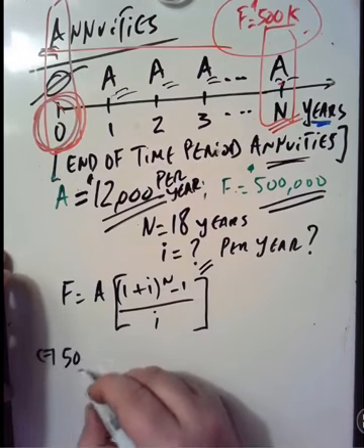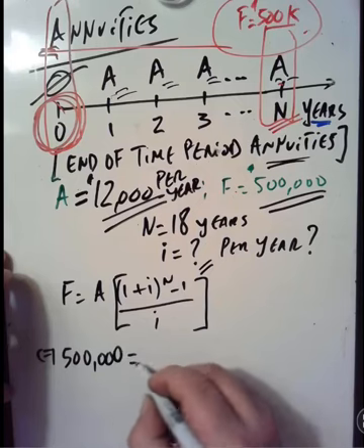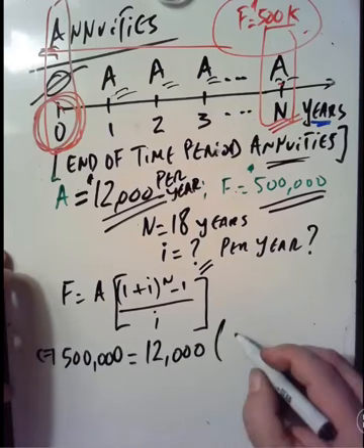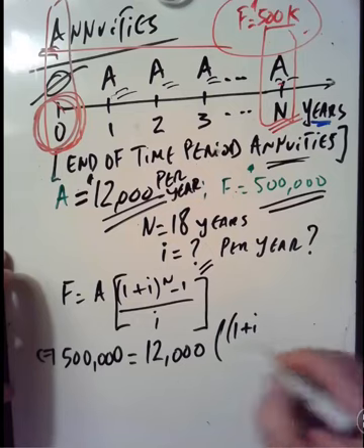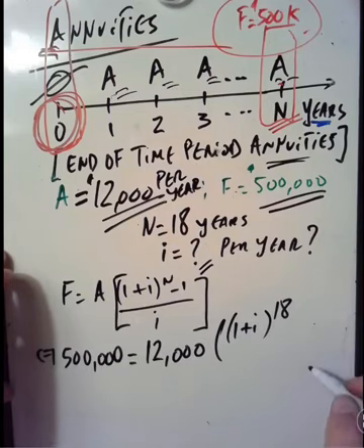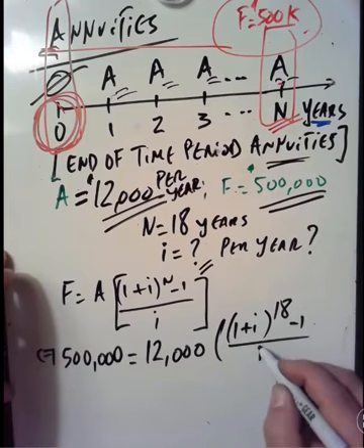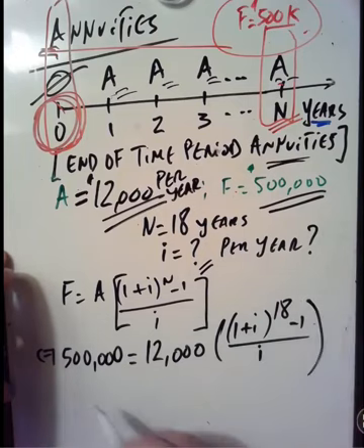So I want $500,000 in the future. I want an annuity of just $12,000. Interest rate, that's what I'm trying to figure out. I want this to go for 18 years. Minus 1 here and divided by the interest rate.